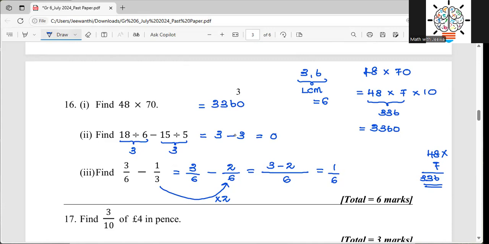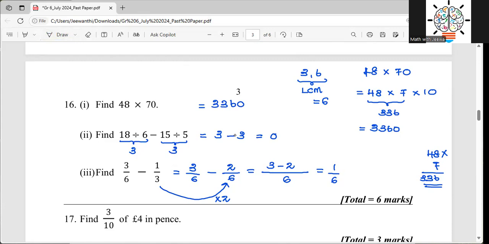So I change the denominator 3 into 6. How can I do that? I multiply the denominator 3 by 2. If I do something to the denominator, I should do the same thing with the numerator. So 2 times 1, 2. Now I have two fractions to subtract with the same denominator. Therefore, I just draw the longer line and put the denominator, and 3 minus 2 is 1.